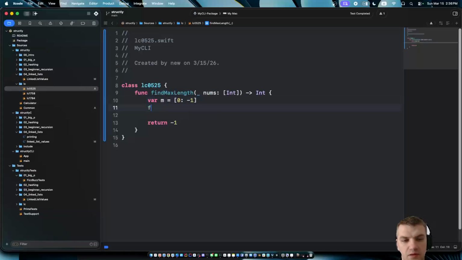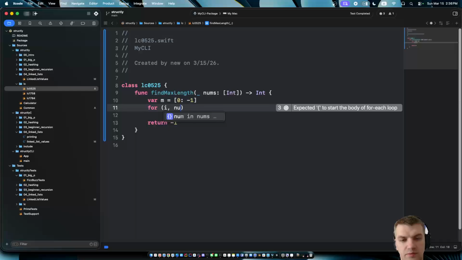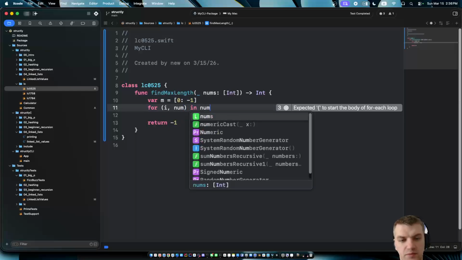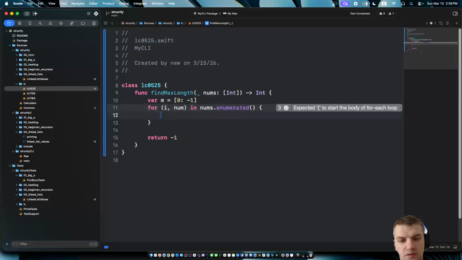And then for i and num in nums enumerated, I'm going to have this balance equal to 0.